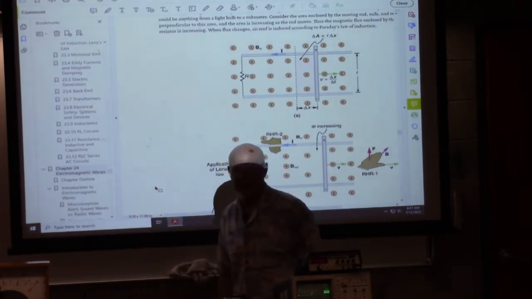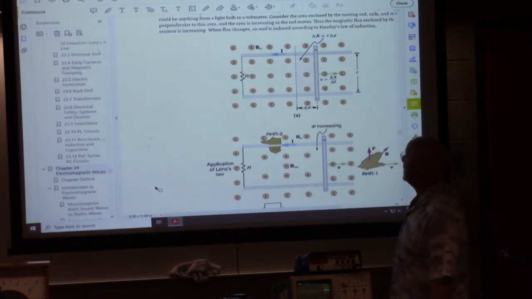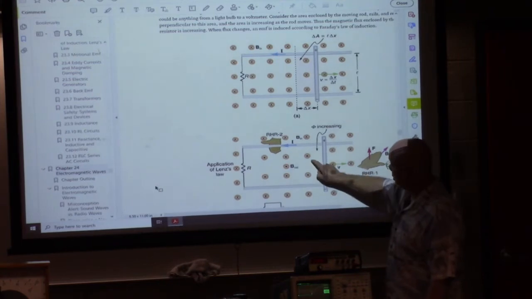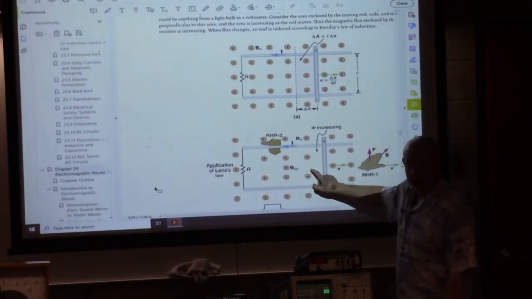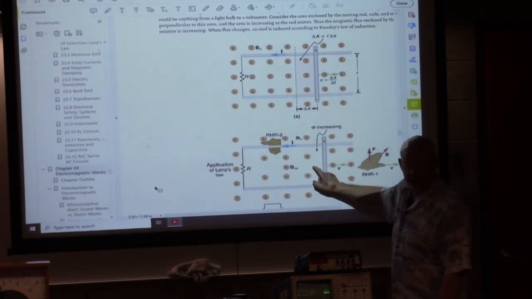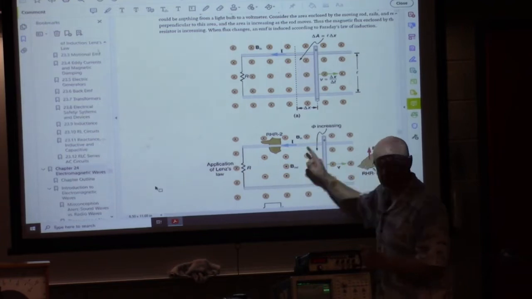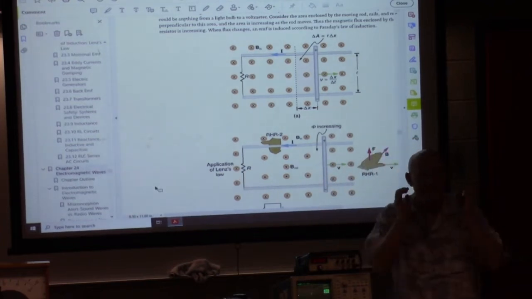Yes, that's the point of Lenz's law. All right, which is why down here in his second picture, he shows dots coming out. He's trying to say that the field from the current in this loop, the secondary effect, the induced current is coming out.